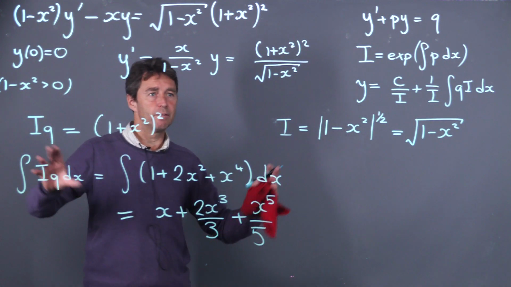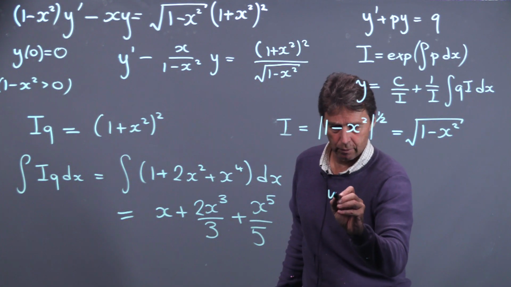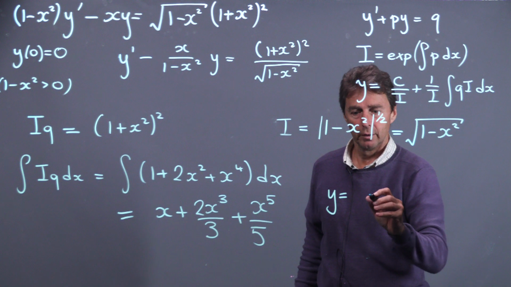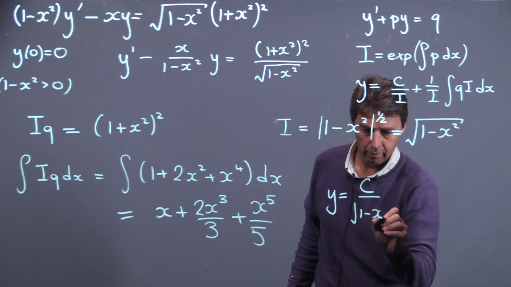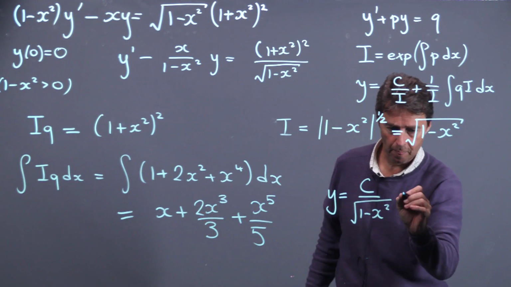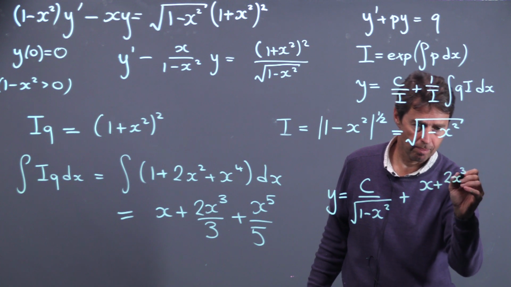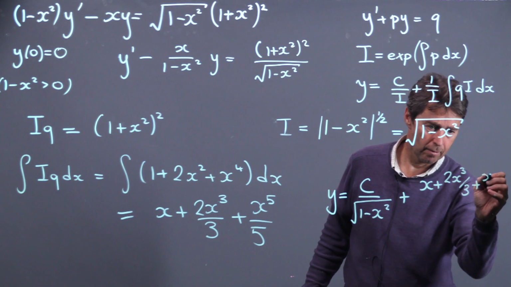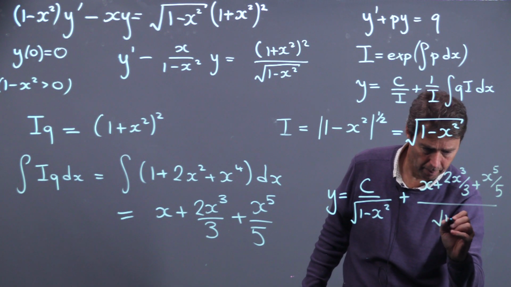Okay, so I have all of the pieces of information in my solution. I have that y is equal to a constant divided by I, plus this thing, also divided by I.